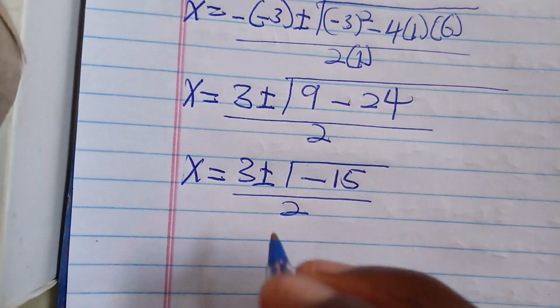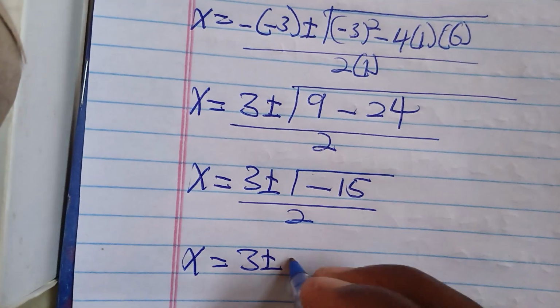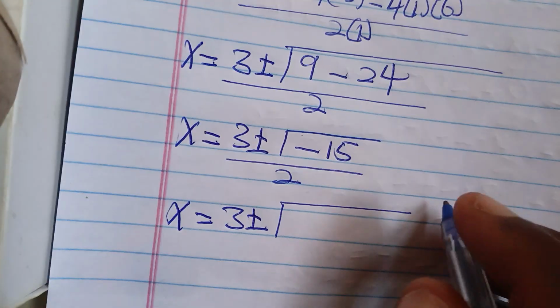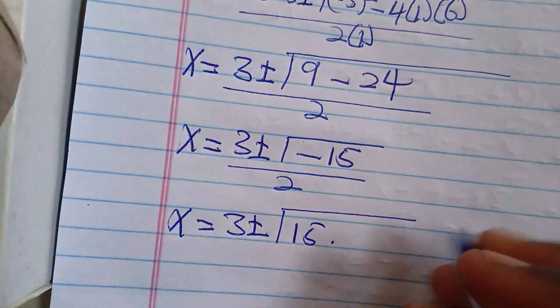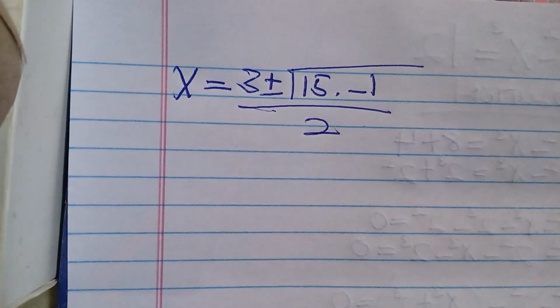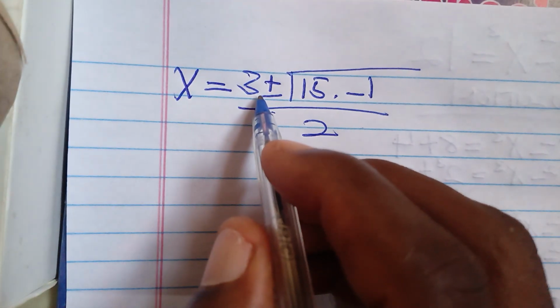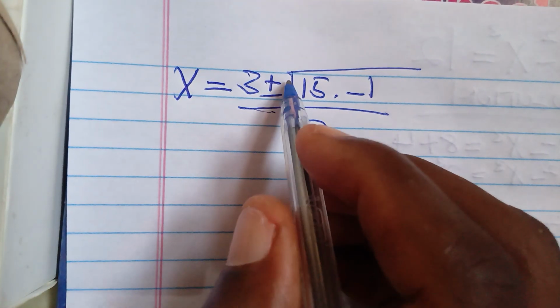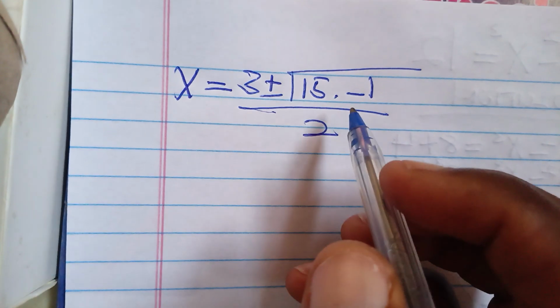All right, so you're going to have x equals 3 plus or minus, now we can write minus 15 as 15 times minus 1, all over 2. All right, so let's continue. Now, so we have x is equal to 3 plus or minus the square root of 15 times minus 1 all over 2.